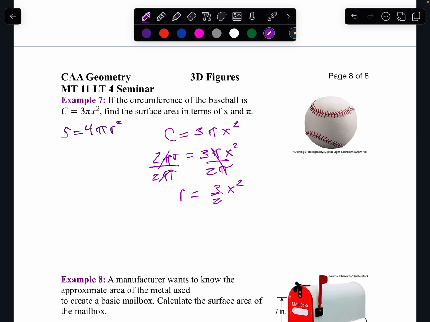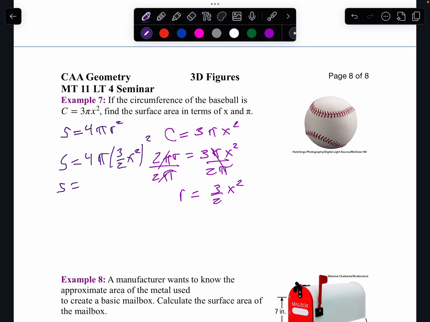And we're just told to find the surface area in terms of pi and x, so I don't really need to multiply anything out as far as units. So 4 pi times 3 over 2 x squared. Then I'm going to square that.